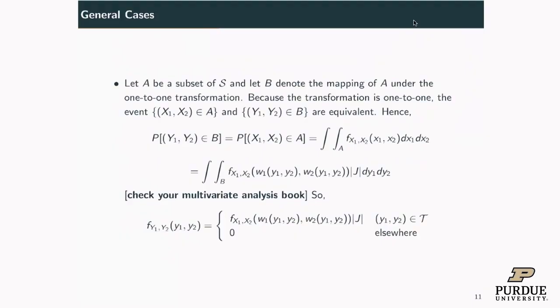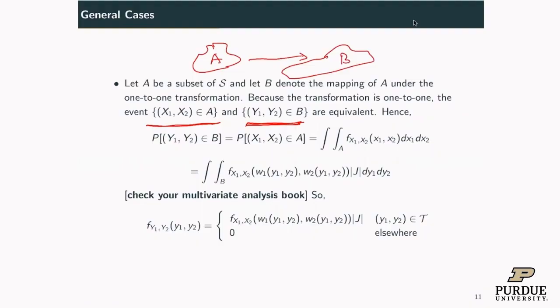Because the transformation is 1 to 1, this event, x1, x2 in A, is the same as y1, y2 in B. This is A. You have a 1 to 1 transformation, so you will transform it to B. So the probability of y1, y2 inside this B is the same as the probability of x1, x2 inside A.